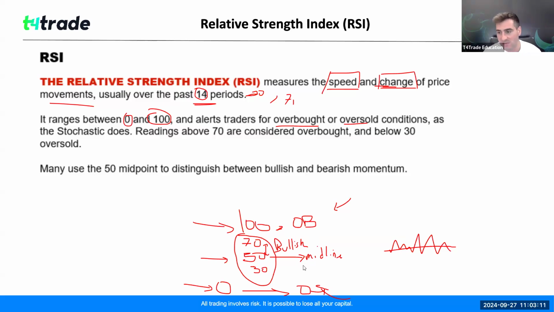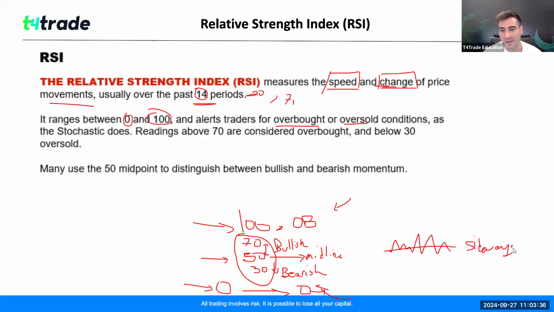There are divergences, but most of the time we're talking about some sort of convergence. And readings between 50 and 30 are what we call the bearish ones. That means the bears are in control. That means the price action is being driven to lower ground, and the RSI is telling you just that. So the 50 midline is sideways.